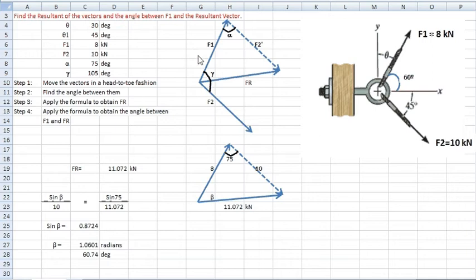In order to find alpha, look at F2 and F2 prime. F2 and F2 prime are parallel because that's how we moved F2, and F1 is a transversal between them. Alpha and gamma are interior angles, so their sum should be 180 degrees. If gamma is 105, alpha should be 75. Okay, so we know the angle between them.